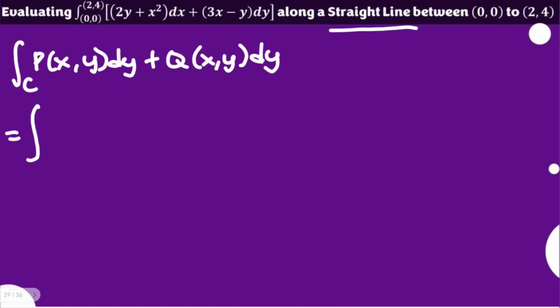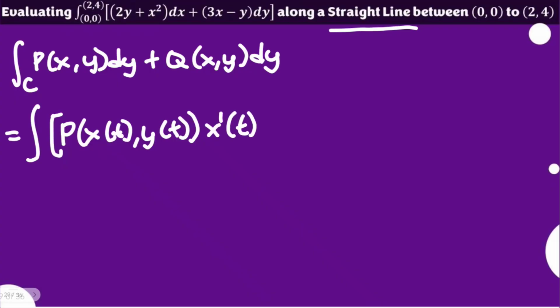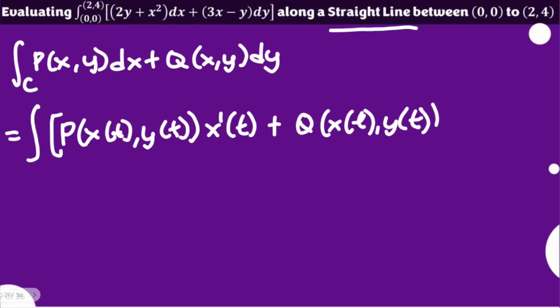We'll have the integral of P(x(t), y(t)) times the first derivative of x(t), sorry, this is not dy, by the way, I forgot, this is actually dx, plus Q(x(t), y(t)) times the derivative of y(t) with respect to t, from a to b. Okay, this is how the expression would look.